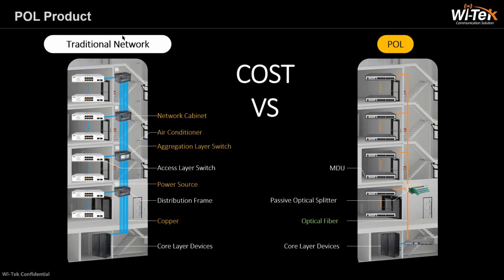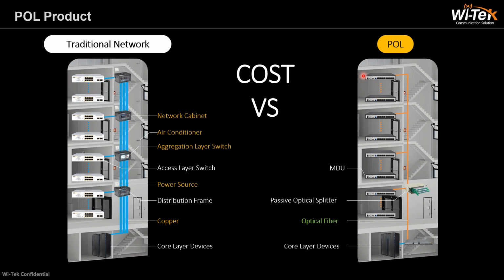Okay, we compare the traditional network to the POL. In a traditional network, right, we must have the network cabinet, air conditioner, and the aggregation layer switch, right? And we also should have the power source, because the power source provides power supply to the air conditioner and the switches, right?